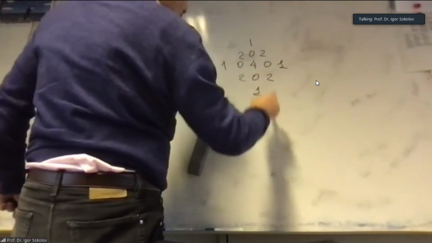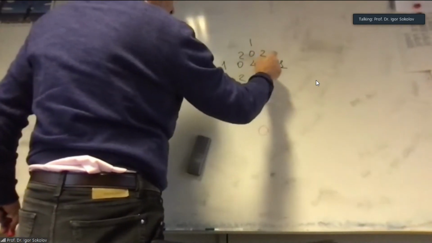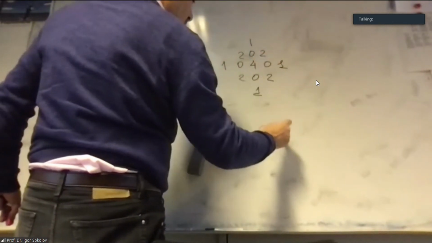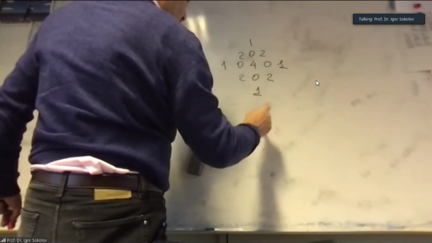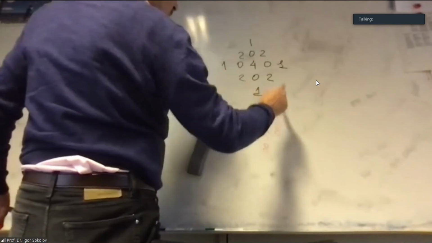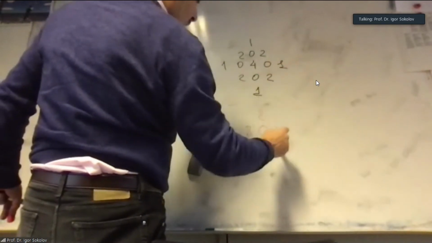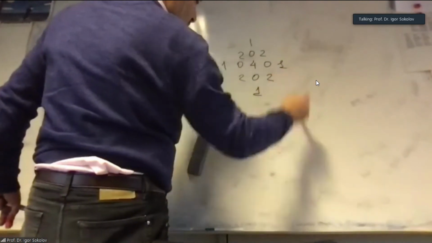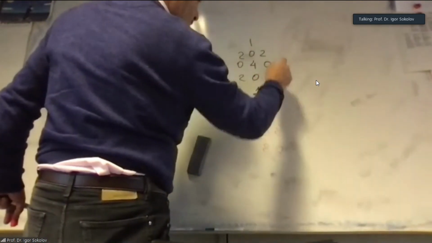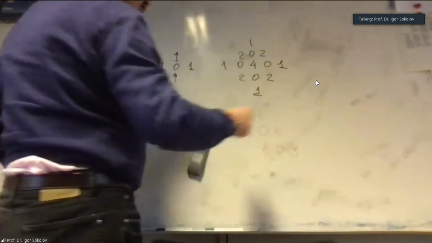Then at the next stage, it will be 0. Here I will have 8, 8, 8, 8, and then from here I will have 0, and here I will have 3, and so on and so forth.